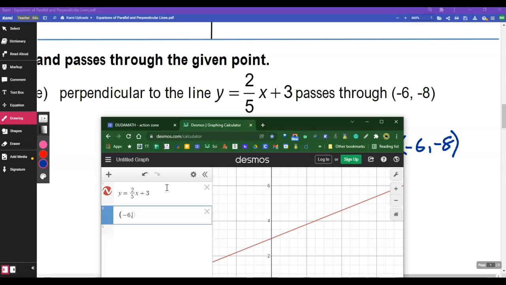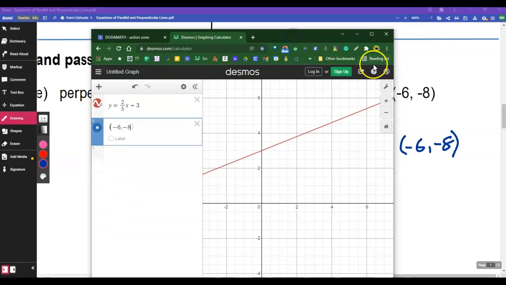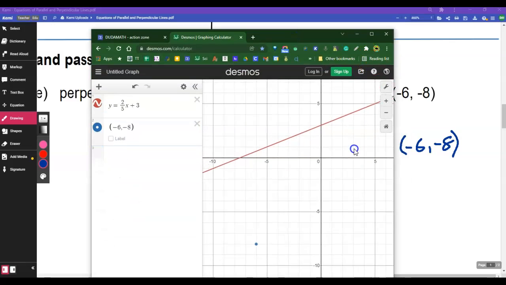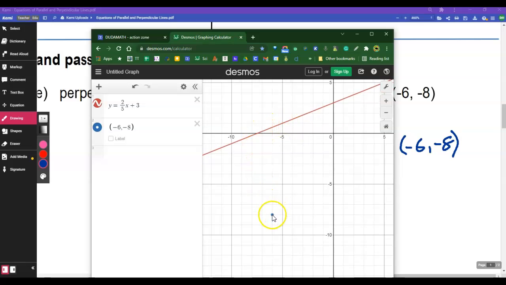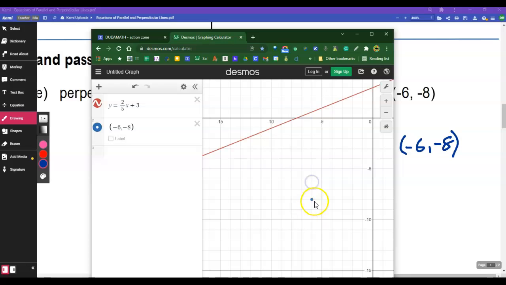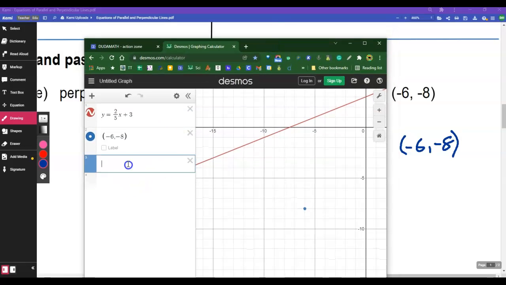I put in negative 6, negative 8. Maybe take a look at this, zoom in. Okay, way down there. So I can see, here's my original line, and I'm trying to get a line that goes through this point and makes a 90-degree angle with this line. It has to do both. So your next line should be an equation that does that.